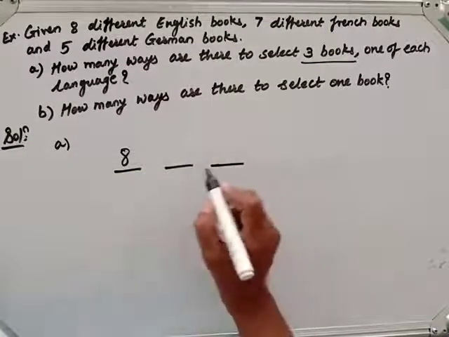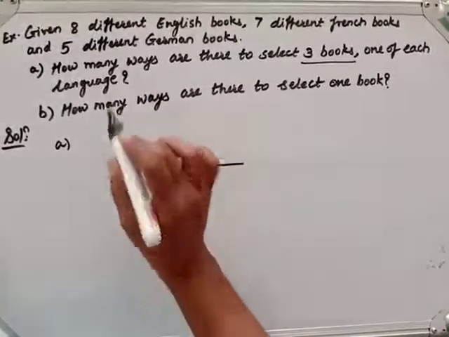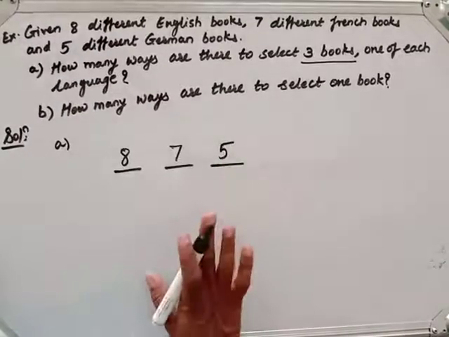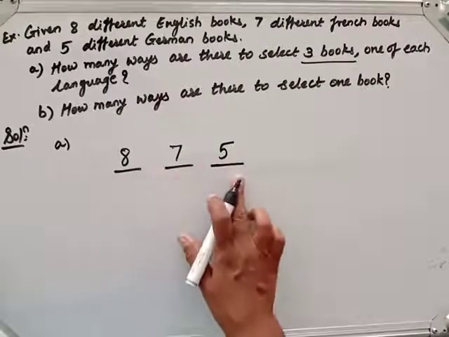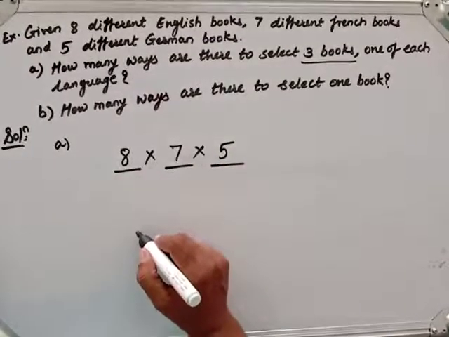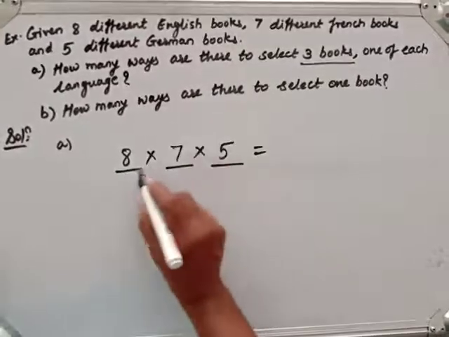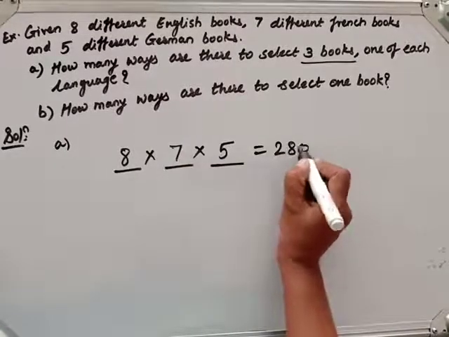Fine. Now second one can be selected from 7 choices and the third one can be selected from 5 choices. These 3 things we have to do. So this and this and this. So obviously the sense of multiplication is here. So total number of ways are how many? These are 280. You can check.